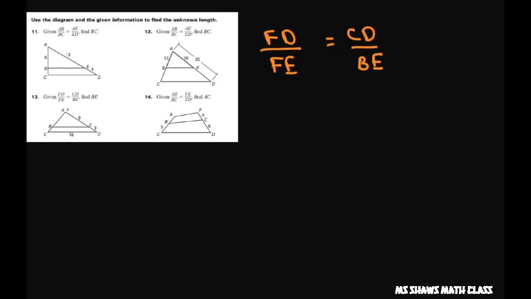So FD is going to be 9 plus 3. FE is just 9. All right, equals CD is 16. And we don't know BE. All right, so this is 12.